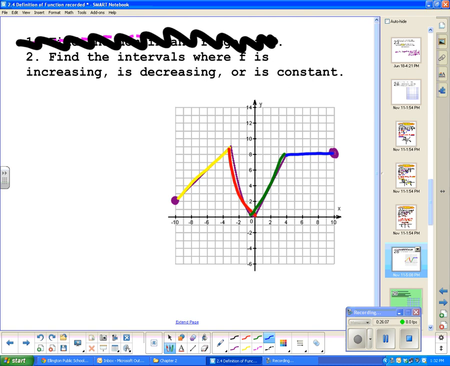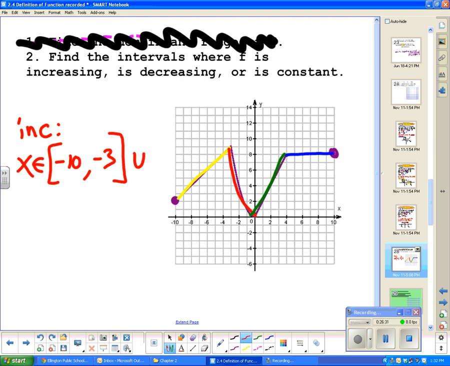And for me, I'm looking at the yellow piece and the green piece, and I'm saying that those pieces are increasing. So I'm going to write INC for increasing. And I'm just going to write where it's increasing in the form of an interval. My x is an element of. It starts at -10, and it's increasing until x is equal to -3. That's where my yellow segment ends.